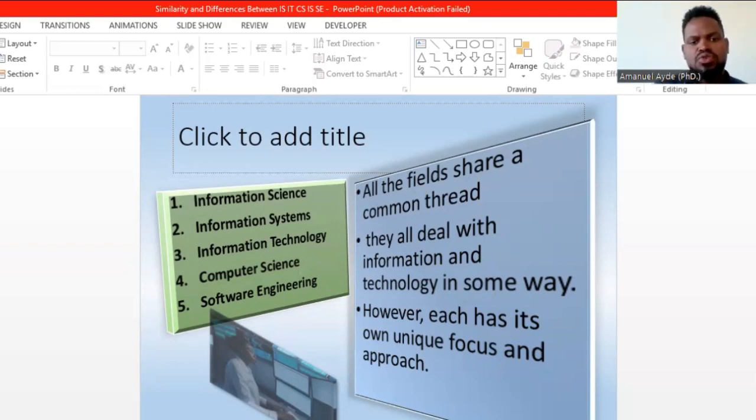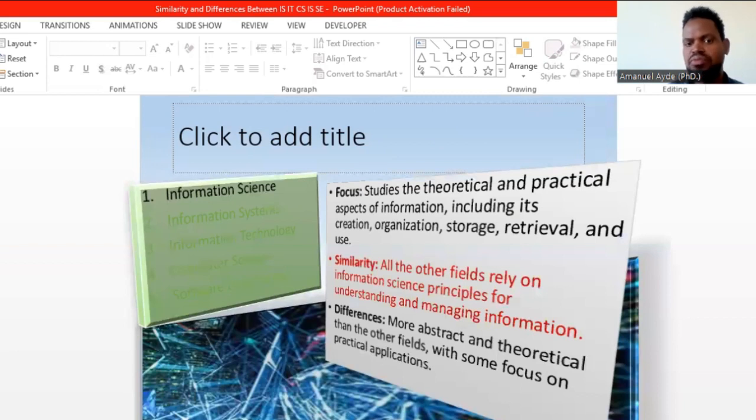For example, the first one is information science. What makes information science different from the other subject areas I mentioned earlier: information system, information technology, computer science, or software engineering? Basically, the focus of information science is the theoretical and practical aspects of information.